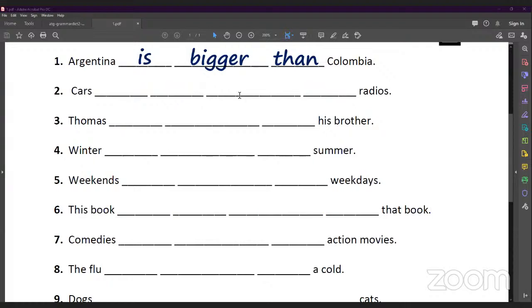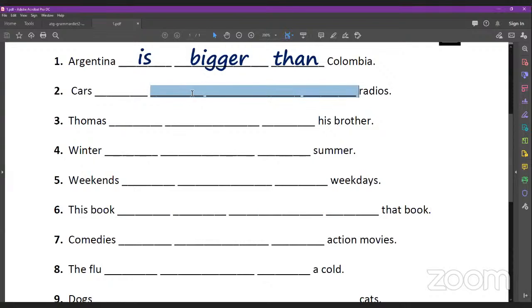And there are 1, 2, 3, 4 blanks. As you observe, there are four blanks where you had to think of an adjective and, placing four words, complete these four lines. If you put cars, are, you complete one, bigger, two, then, okay, that's correct. You can say cars are more expensive than radios.